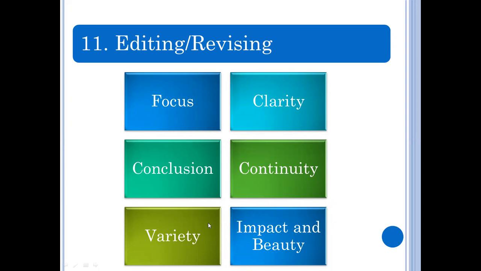And for editing for variety, you have to add spice to your speech by shifting tone and style from formal to conversational and vice versa, moving around the stage or adding humor as well. And the last is for impact and beauty because you need to make your speech memorable by using these strategies.